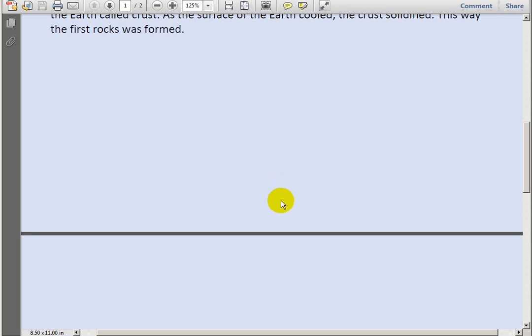Tajwar, say how many types of rocks and name these types. Three. Okay.